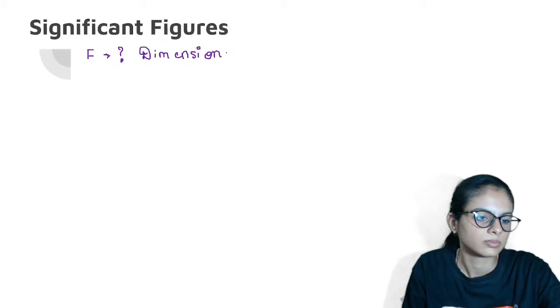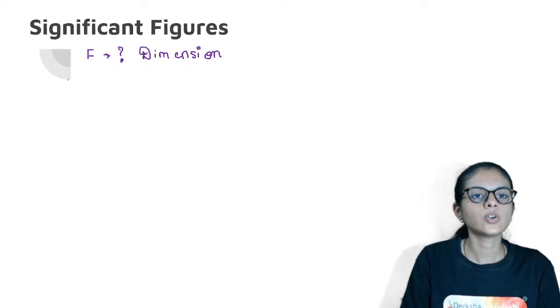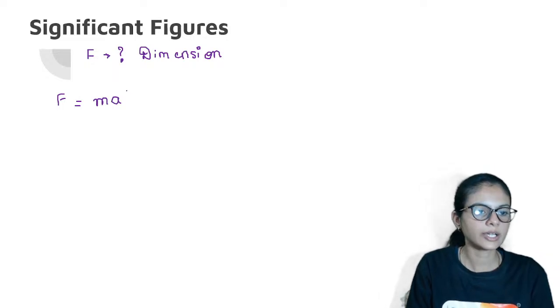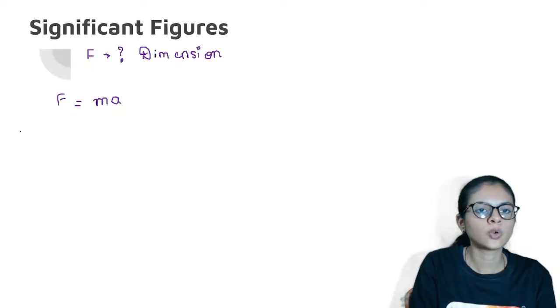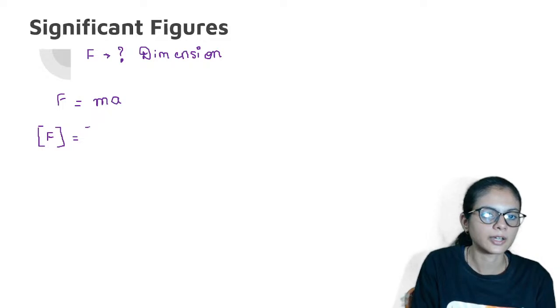Let me solve this. I know that the force formula is F = ma, right? Mass is represented with capital M, as we know. The dimension is written in square brackets. If I'm finding the dimension, I should write that quantity in square brackets.